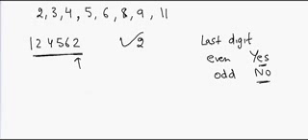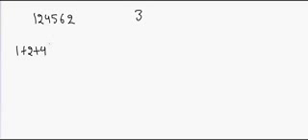Now let's talk about division by 3. If I have 1, 2, 4, 5, 6, 2 again, and I'm looking at whether it's divisible by 3 or not, what I'll do is add all these digits together. So 1 plus 2 plus 4 plus 5 plus 6 plus 2. That gives 3 plus 4 is 7, 7 plus 5 is 12, 12 plus 6 is 18, plus 2 is 20.